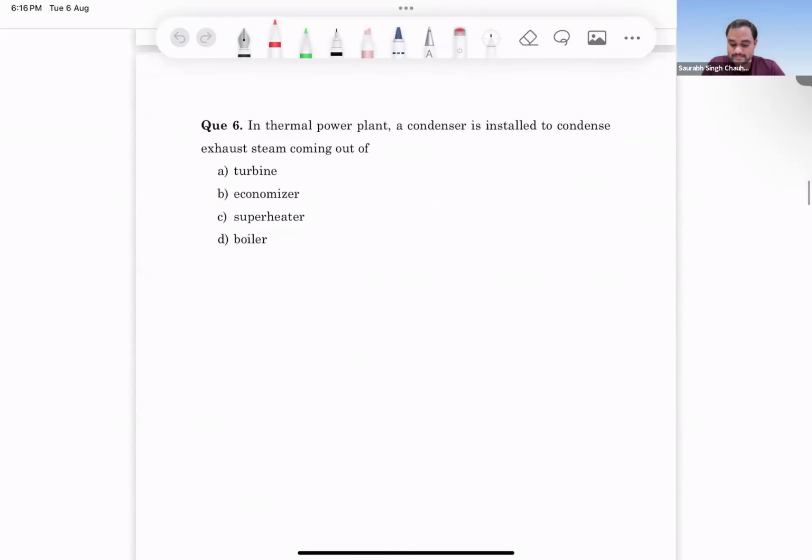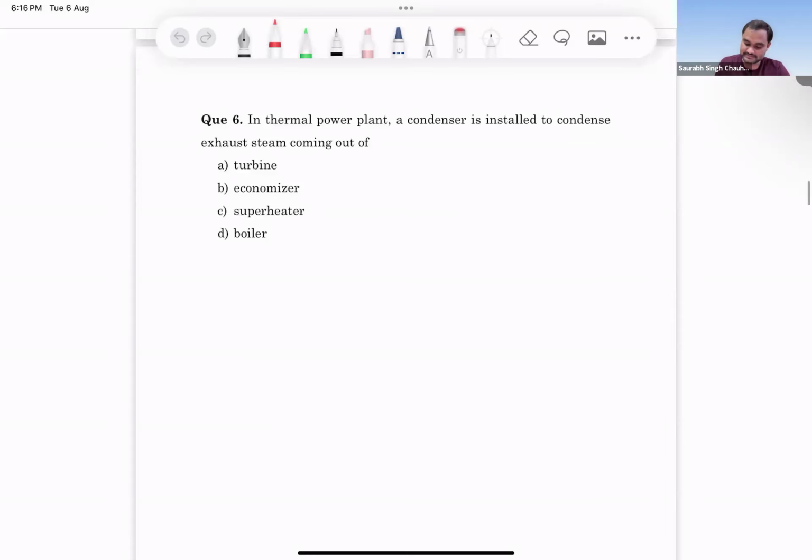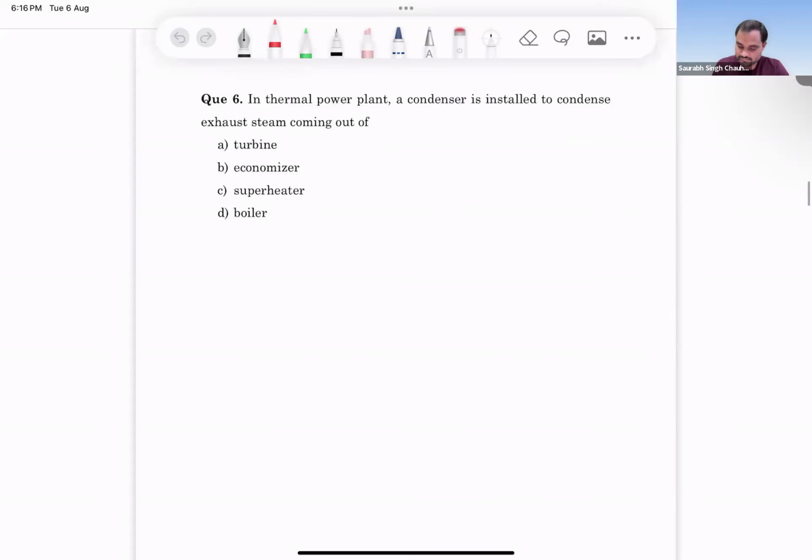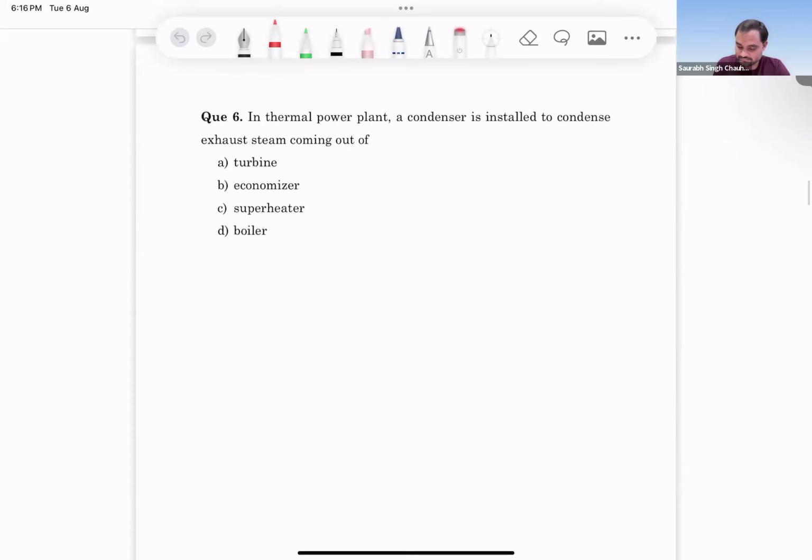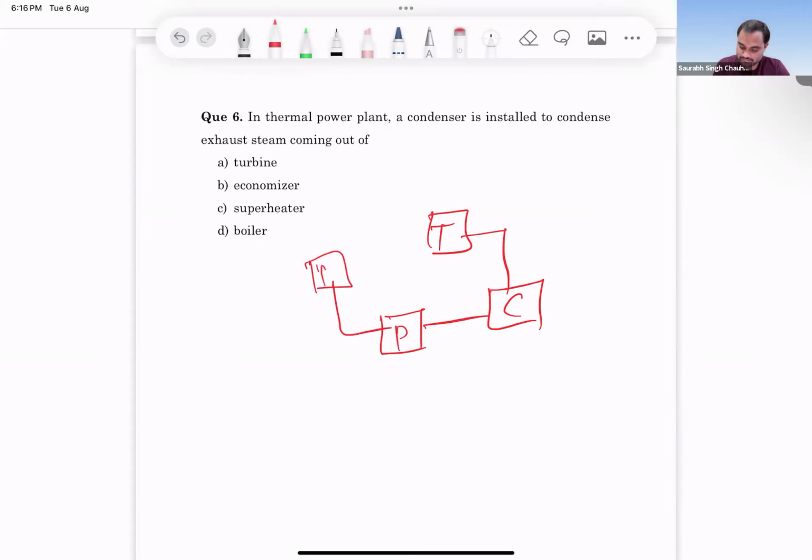Question number 6. In a thermal power plant, a condenser is installed to condense the exhaust steam coming out of where? If you check the previous diagrams, there was turbine, then there was a condenser, then there was a pump, and there was a boiler.